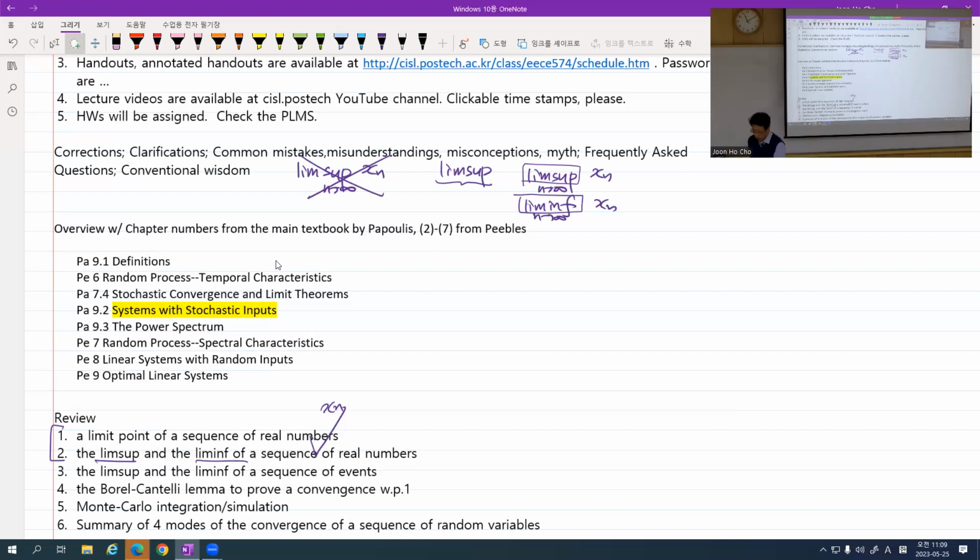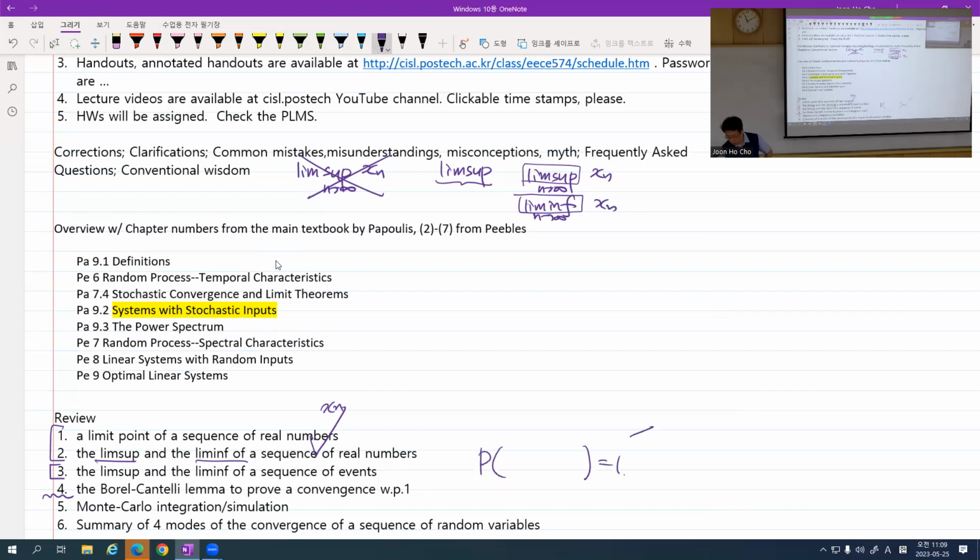So we can define the lim sup and lim inf of a sequence of events. Then here goes our goal. There is actually a set of theorems: the first Borel-Cantelli lemma, second Borel-Cantelli lemma. But anyway, the most important use of it is that you show some probability of event equals 1.